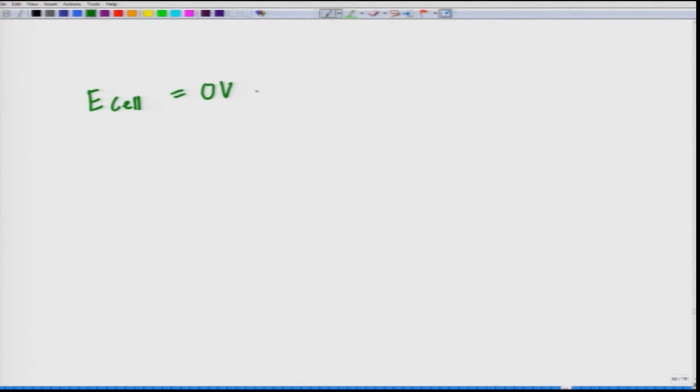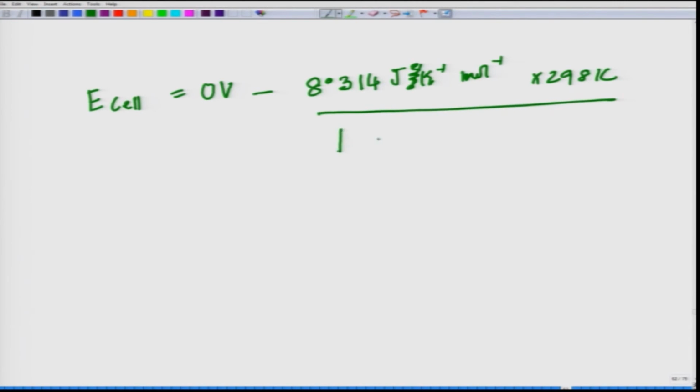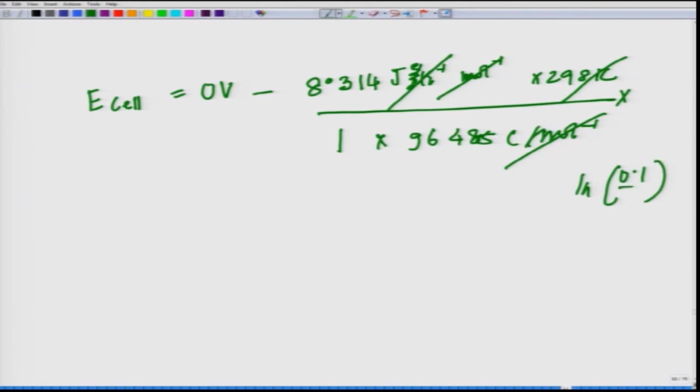Now your E cell is equal to 0 volt minus, putting the values, 8.314 joules per Kelvin per mole, the gas constant, multiplied by 298 Kelvin, which is 25 degrees centigrade, 1 electron transfer, which is your Z, multiplied by Faraday's constant, 96,485 coulombs per mole. The mole and mole cancel, the Kelvin and Kelvin cancel, and then multiplied by the natural log of 0.1 divided by 0.5.